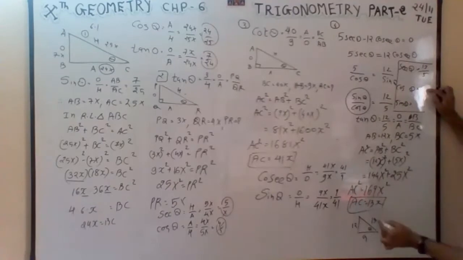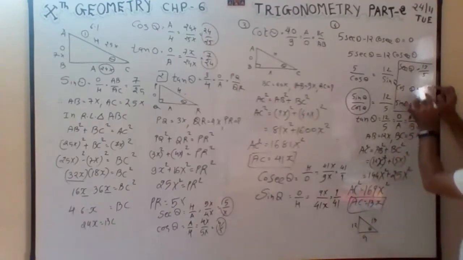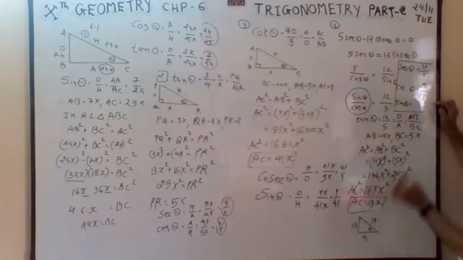Cosec is hypotenuse by opposite, AB is 12, so 13 by 12. Cos is adjacent by hypotenuse. Sine is opposite by hypotenuse.